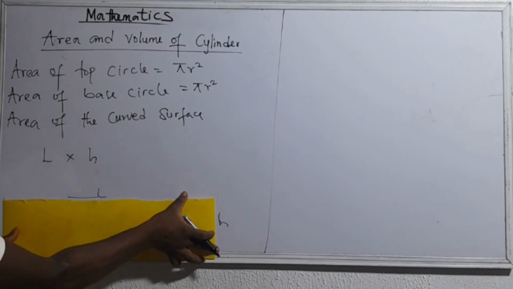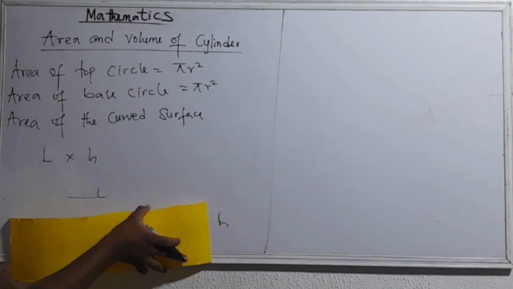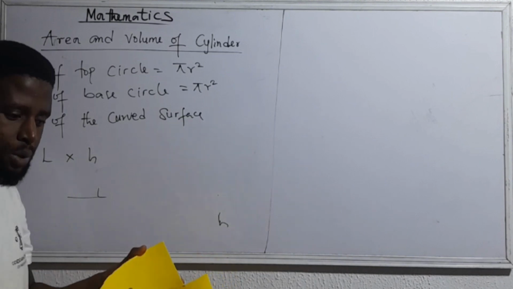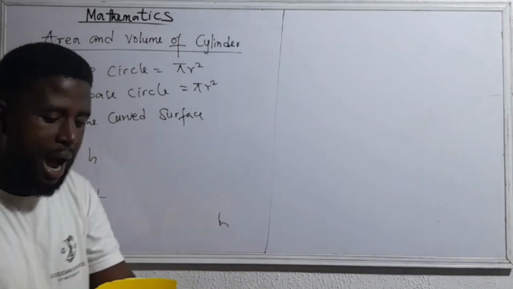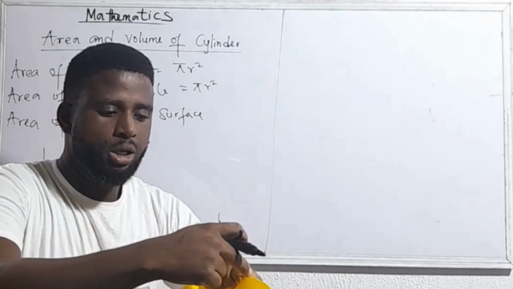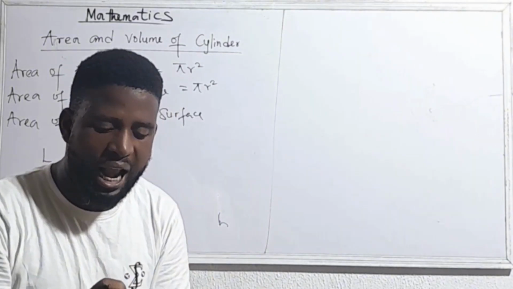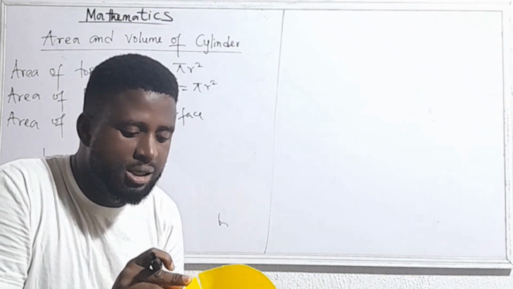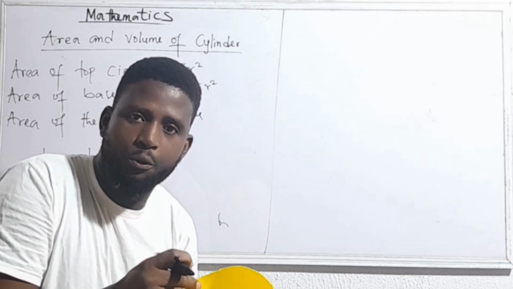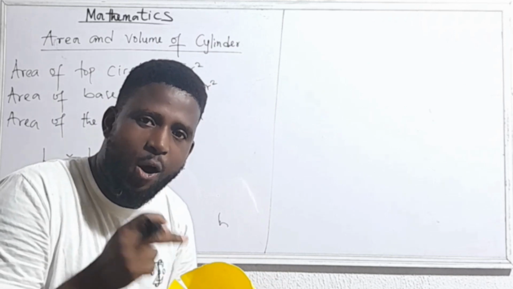Now, the length of this rectangle: remember, the cylinder is not in rectangular form, it's in circular form. Now, this length gives me the total distance around a circle. Which means the length of the curved surface is the total distance from the beginning of the curve to the end of the curve, which is the circumference of a circle.